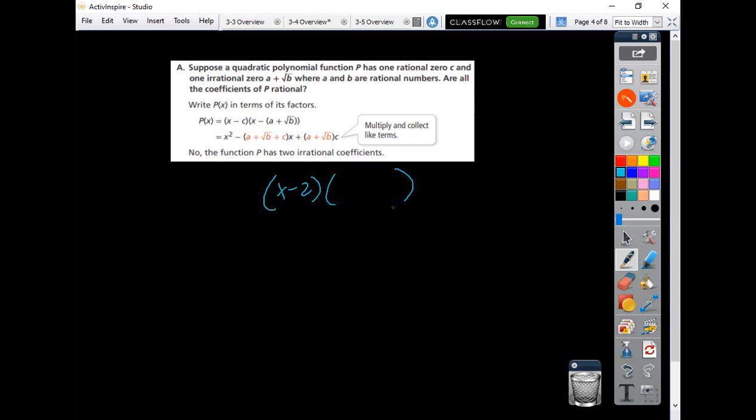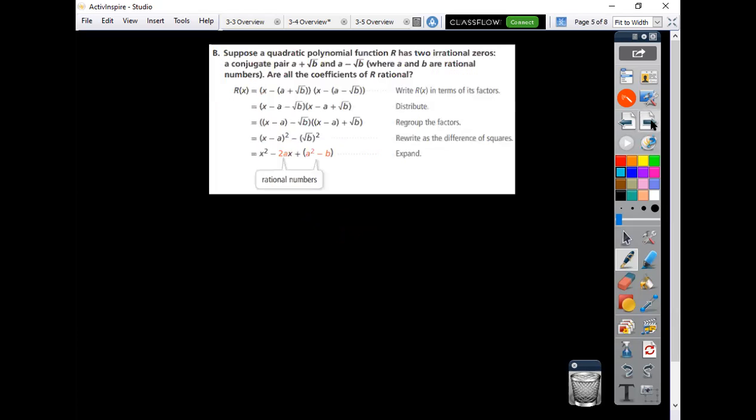The other one would be something like x minus a plus the square root of b. The question is, are the coefficients going to be rational? There's no way to get rid of the square root if you multiply it out. If you multiply it times that x, you're still going to have a square root in there. So the answer would be no, because there's no way, when you're multiplying it times the other side, for the square root to go away. So you're going to be stuck with that.